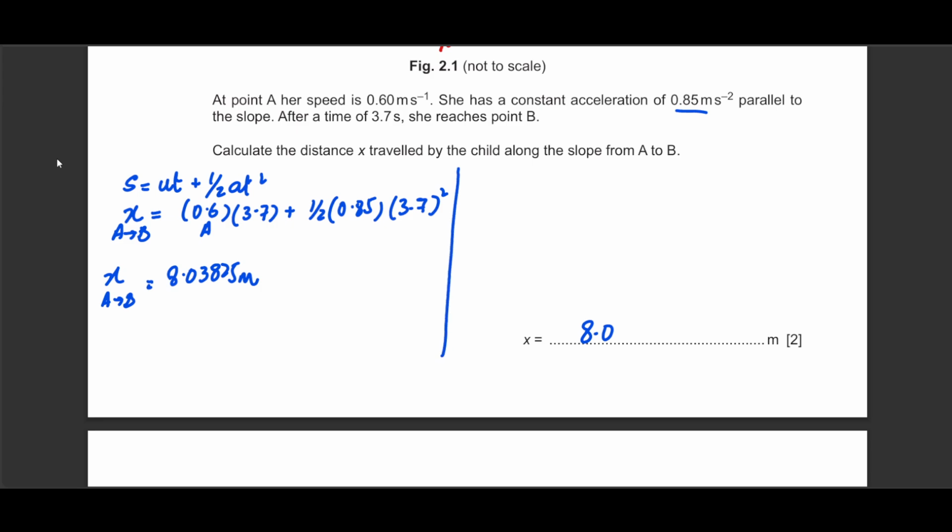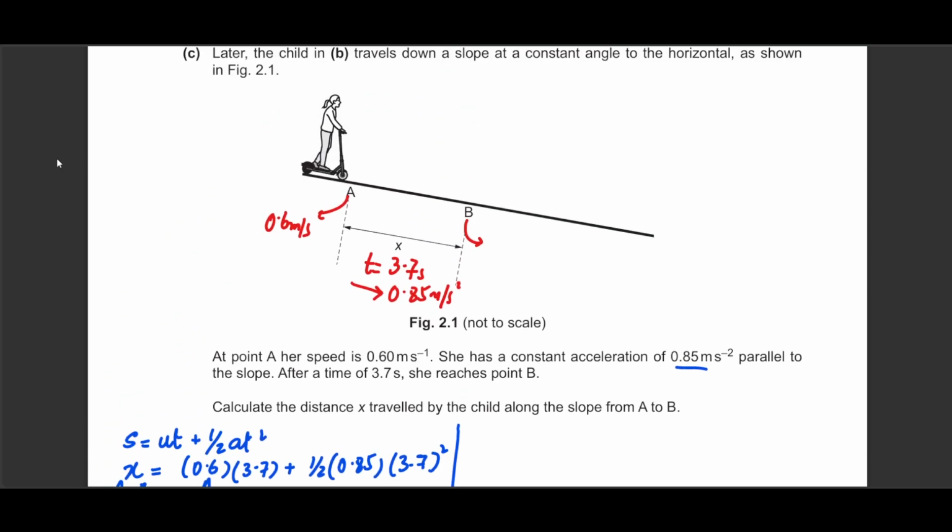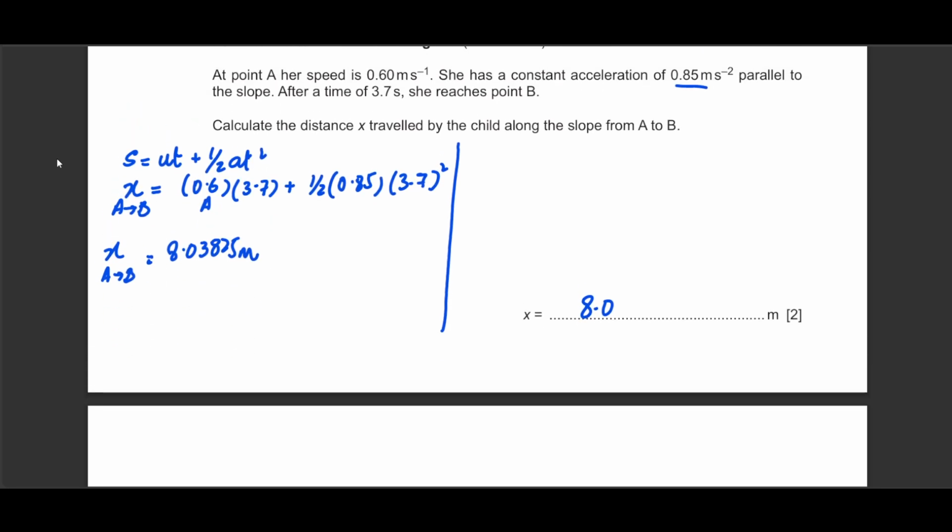Let's try another way. What about finding the final velocity at location B? Could we have done that? Yes, we could have. v equals u plus at. This will become 0.6 plus the acceleration 0.85 for 3.7 seconds, which gives the final velocity as 3.745. Then we could use v squared equals u squared plus 2as.